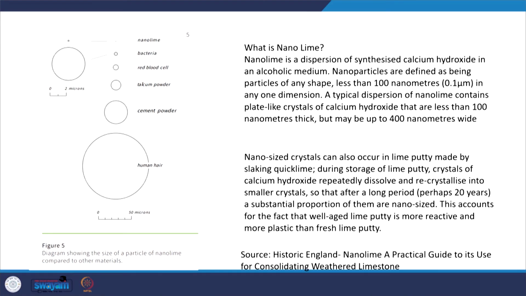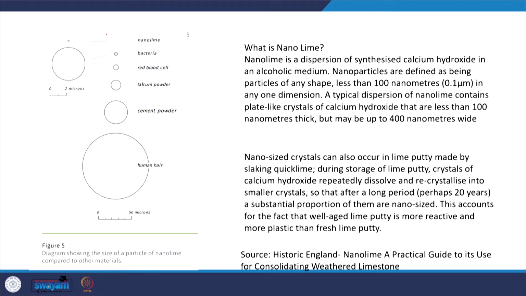So what is nano-lime? Nano-lime is a dispersion of synthesized calcium hydroxide in an alcoholic medium. If you consider a human hair and cement powder, you can see the proportion of it. The particles can be of any shape but are less than 100 nanometers, even smaller than the size of bacteria.